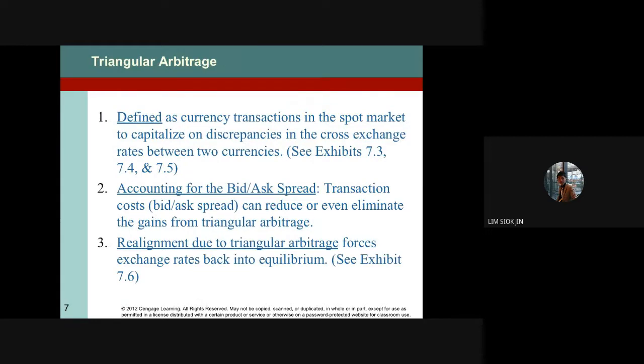Moving on to triangular arbitrage. Triangular arbitrage is not as straightforward as locational arbitrage. This is because locational arbitrage is rare. It rarely happens, and even if it happens, it will be discovered very quickly. Just like if you go online and see that one seller is selling things very cheap, what you can do is keep buying and then sell to your friends, because your friends don't know about it.